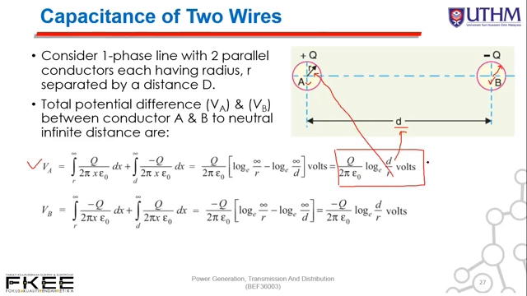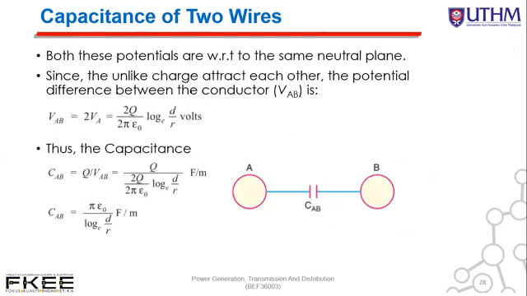So this is the potential difference at conductor A, while for conductor B, because the charge is negative, we get negative Q over 2 pi epsilon naught log of D over R for the potential difference at conductor B. Both of these potentials, VA and VB, are with respect to the same neutral point.